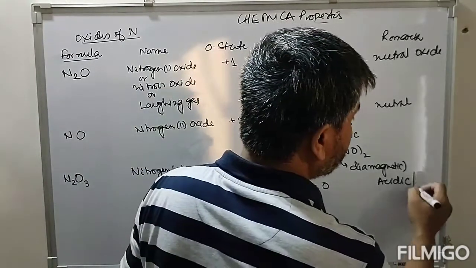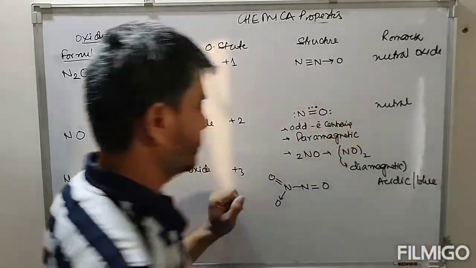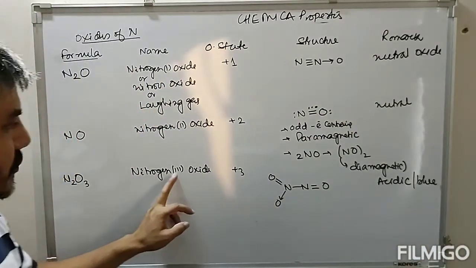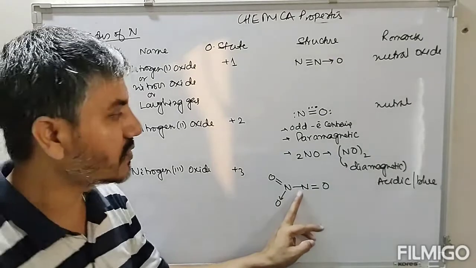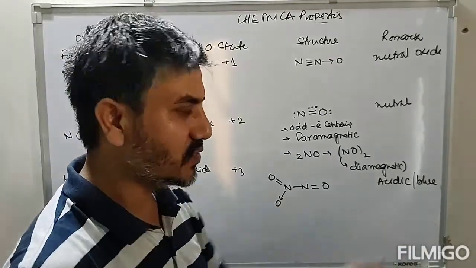N2O3 is blue in color. So we have this nitrogen trioxide with this structure. We have a nitrogen-nitrogen single bond. This is acidic and this was blue.